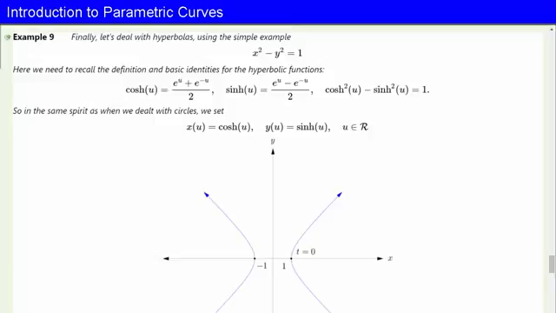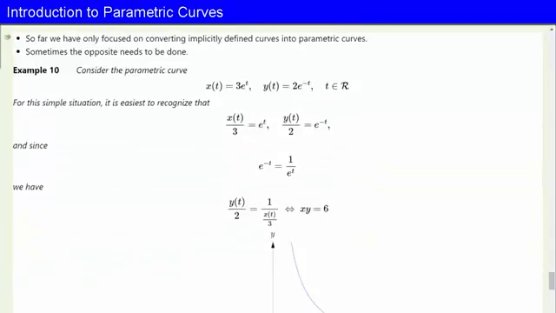So cosh squared minus sinh squared equals 1, which lines us up perfectly with the formula of the hyperbola. In the same spirit as when we dealt with circles then, we set x of u equal cosh u, y of u equals sinh u for u on the real line. But notice, this only gives the right half of the hyperbola because cosh u is always positive.